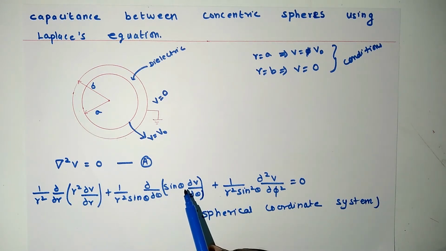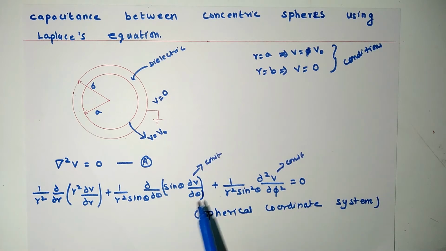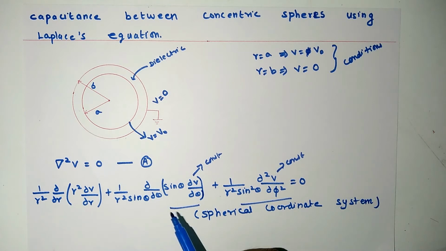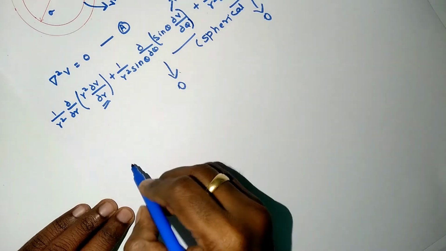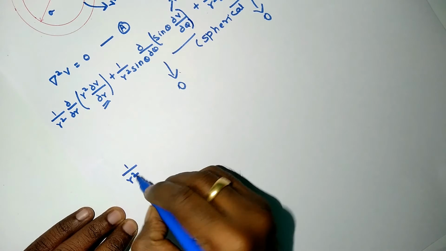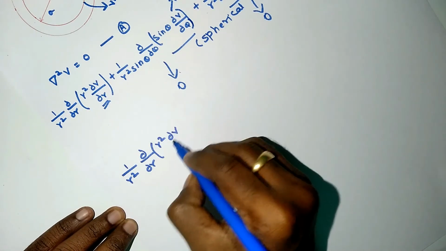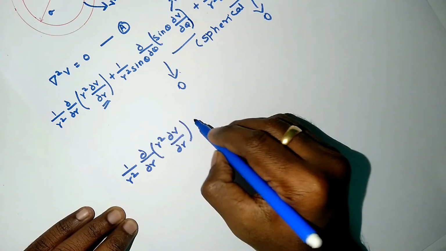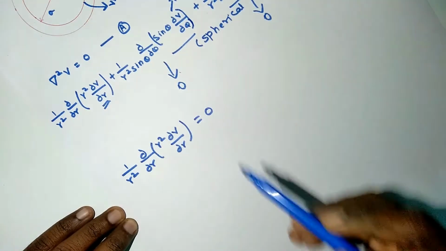So if voltage is not varying with respect to theta and phi, these terms become 0. So now 1 by r square dou by dou r into r square dou v by dou r is equal to 0 because other terms are equal to 0.